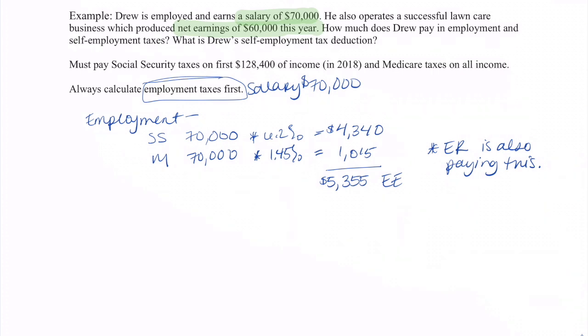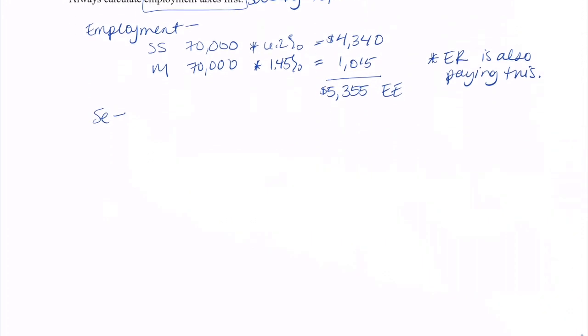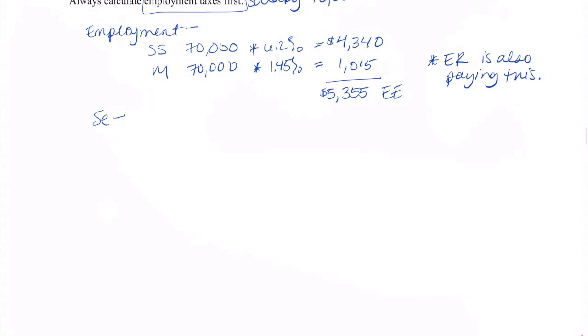For the SE component, the self-employment component, we first determine the limit on Social Security taxes, the cap minus the salary or wages already taxed. So the cap for Social Security is $128,400 minus the amount that's already been subject to tax, or the $70,000 in wages.